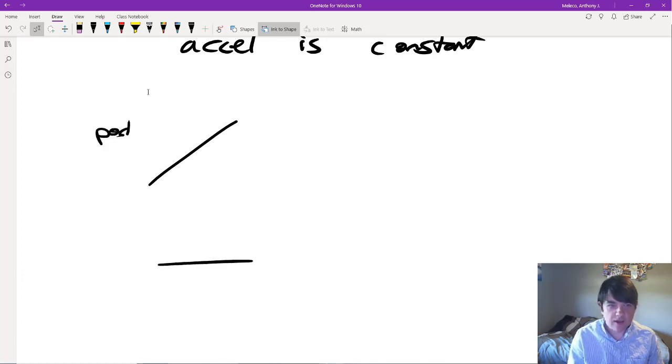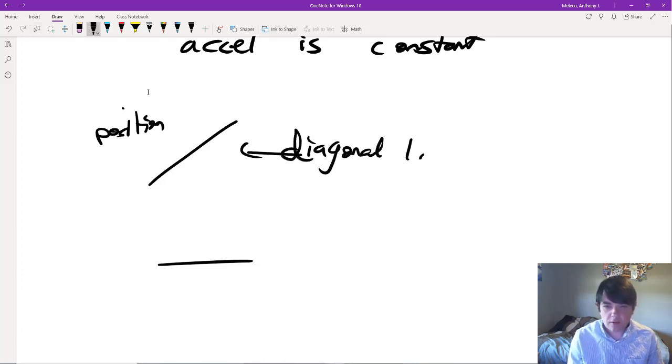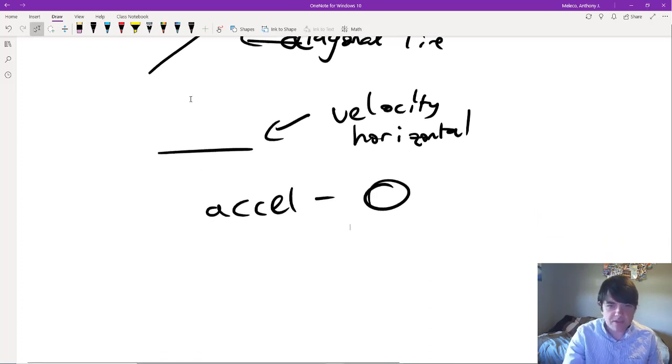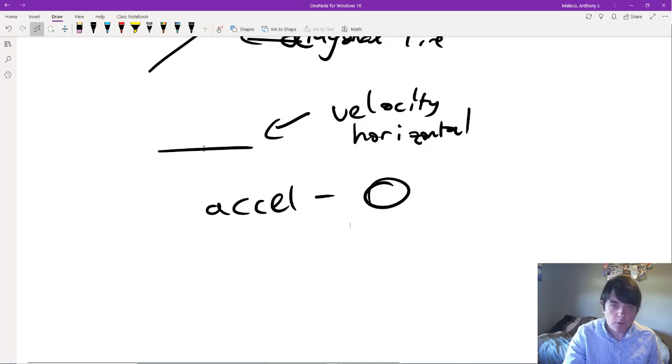So position will be a diagonal line. I need to take that off. Diagonal line, so velocity will be horizontal. And then if this is horizontal, accel, in this case, would be 0, because the slope of this line is 0.